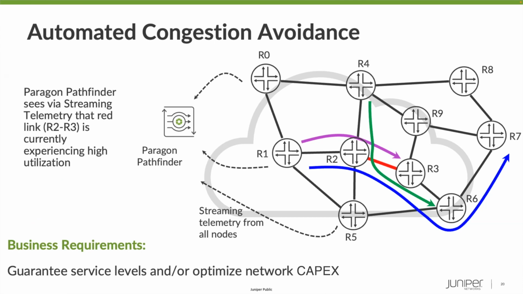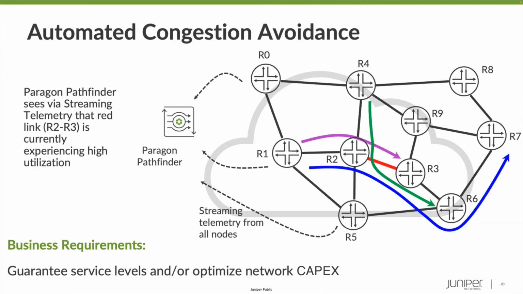And so in this example network, R1 is reporting how much traffic is entering the purple LSP and the blue LSP, and R4 is reporting how much traffic is entering the green LSP. Now, let's suppose that the link between R2 and R3 has reached the congestion threshold that we have set. Pathfinder can see that through the streaming telemetry.